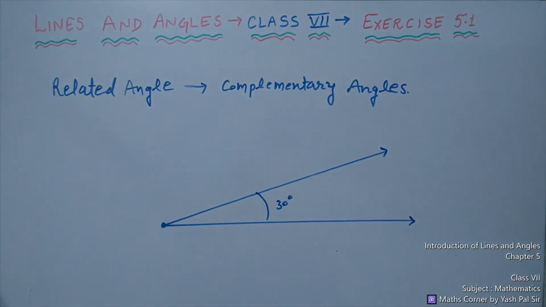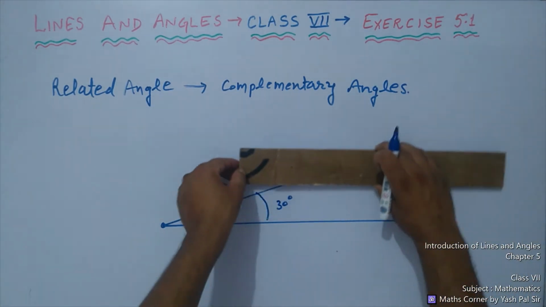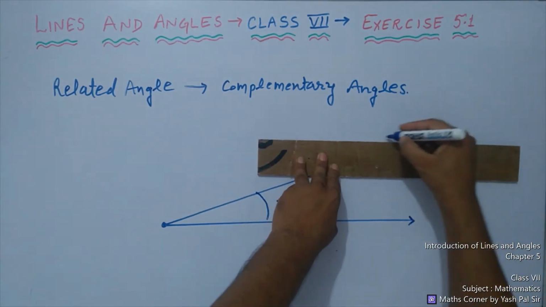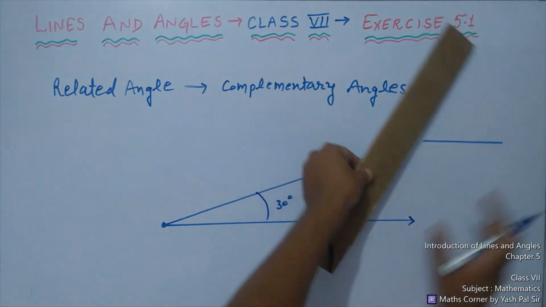So we have to find another angle so that the sum of the two angles is equal to 90 degree. Now you tell me what should be the other angle so that the sum is 90 degree. Obviously this should be the angle of 60 degree.